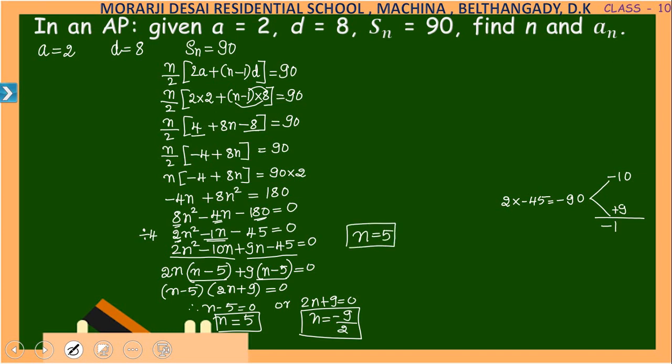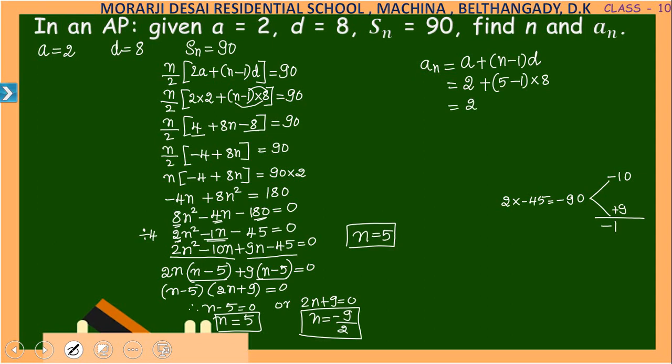Now you have to find a5. The formula for an is a plus n minus 1 into d. What is a? a is 2. What is n? n is 5, so n minus 1. What is d? d is 8.